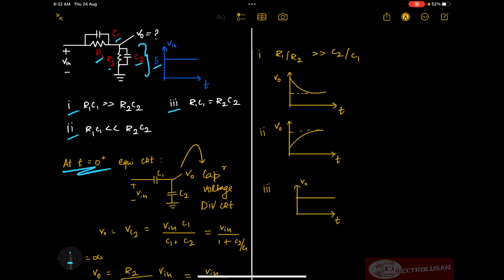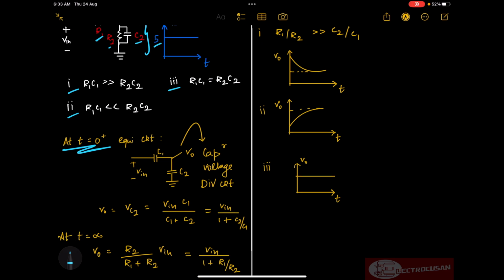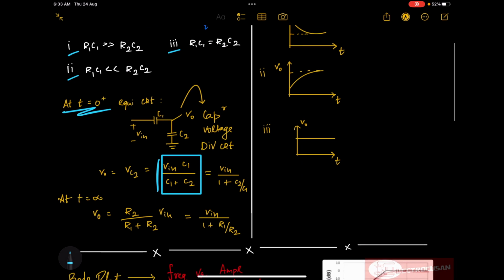As you know, this is a capacitive voltage divider circuit. The output voltage across the capacitance C2 is equal to Vin C1 divided by C1 plus C2. We can simplify this as Vin divided by 1 plus C2 by C1, which is derived by dividing the numerator and denominator by C1.